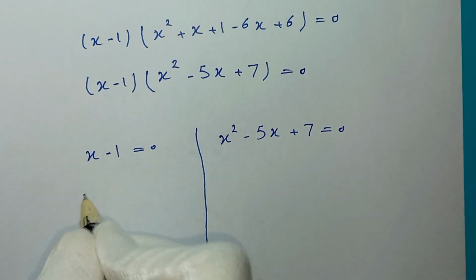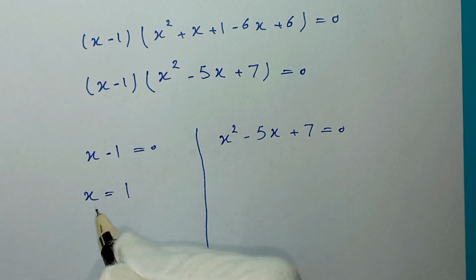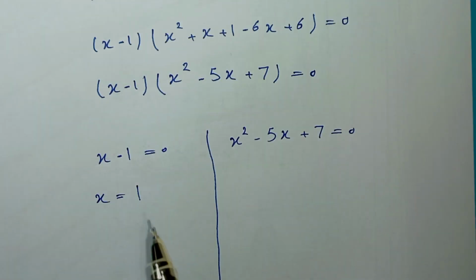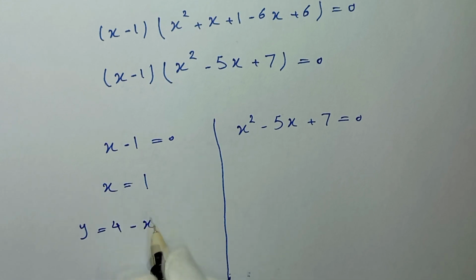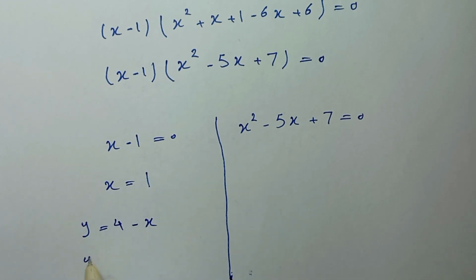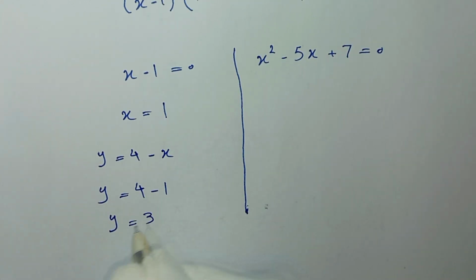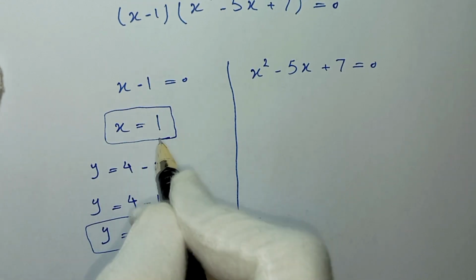In here, x is 1. We take this 1 to the right side. And from here, y is 4 minus x. And x from this is 1, and y is 4 minus 1. So y is 3, and x is 1.